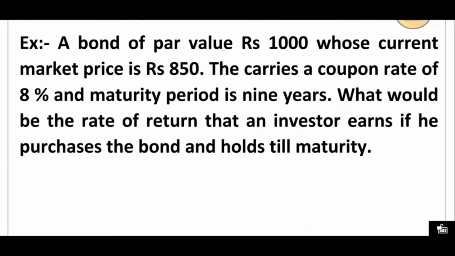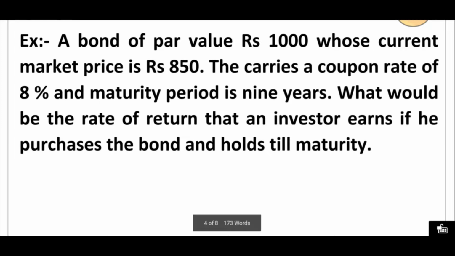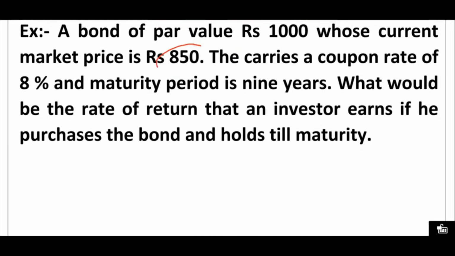A bond of par value 1000 whose current market price is 850. Now see here, market price is given, 850, and par value they have given 1000, carries a coupon rate of 8%. Maturity period is 9 years. What would be the rate of return that an investor earns if he purchases the bond and holds till maturity?